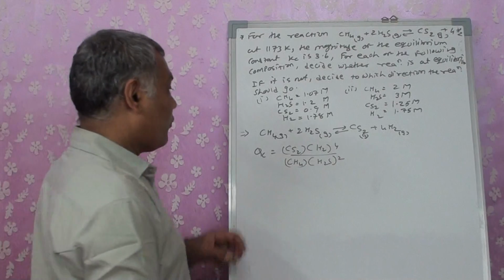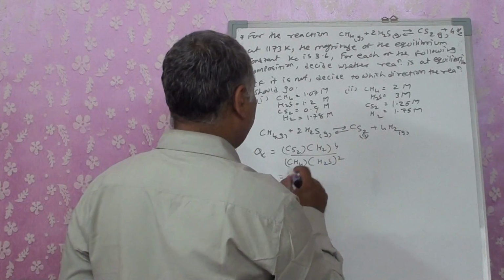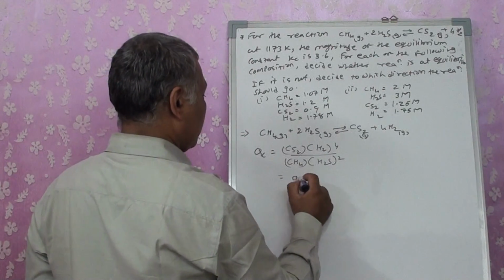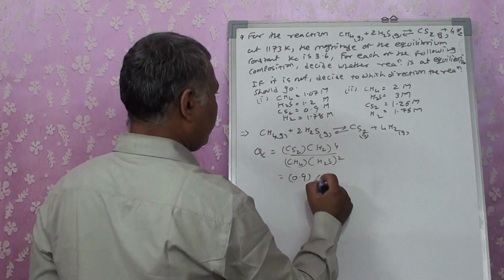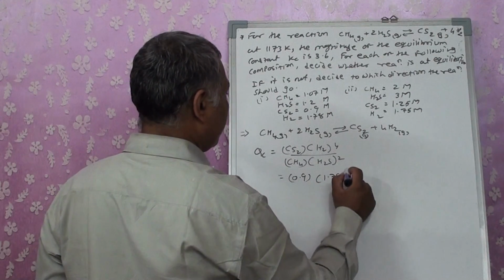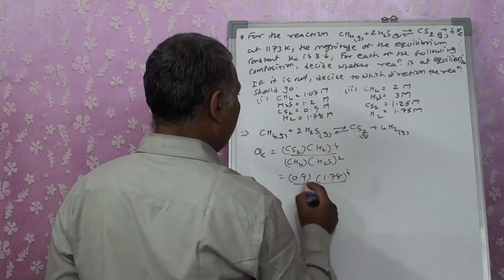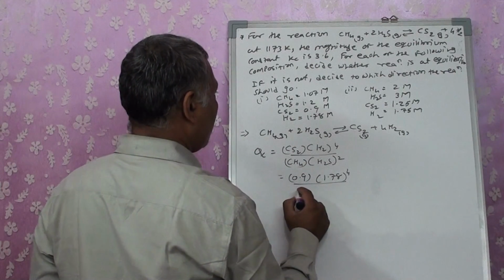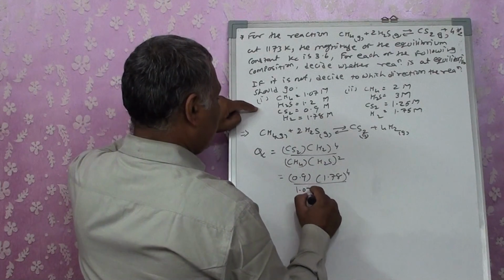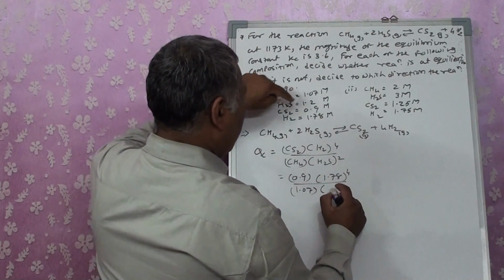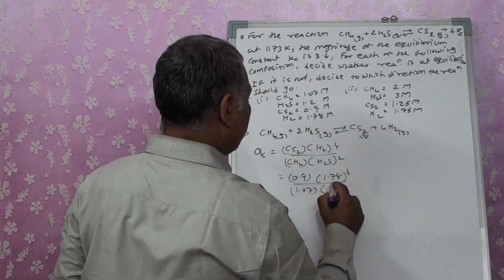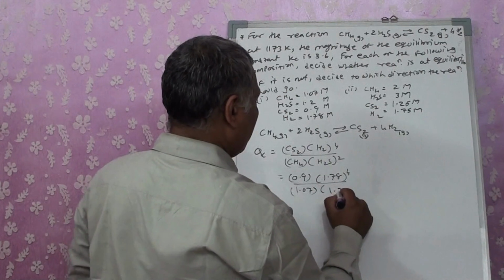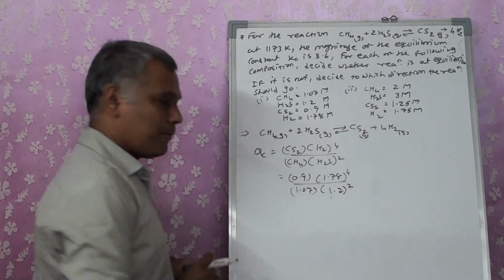Here now we have to substitute the values: CS2 0.9, H2 1.78 raised to 4, CH4 given to us as 1.07, and H2S given to us as 1.2 whole square.